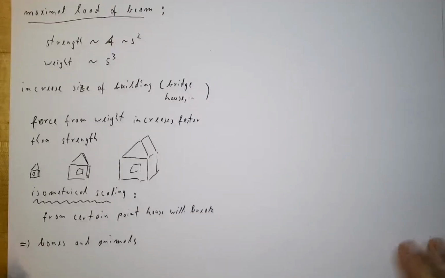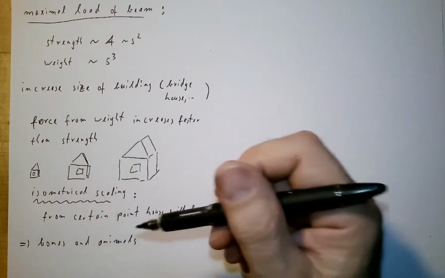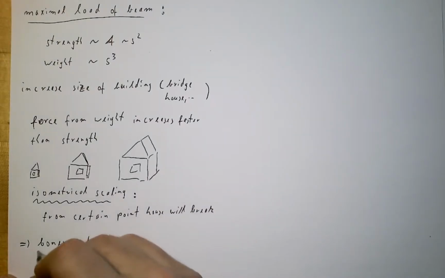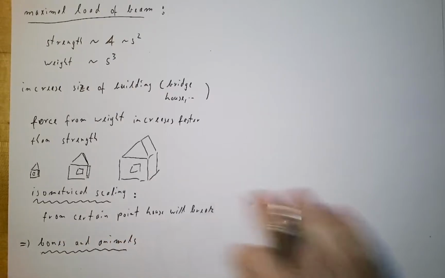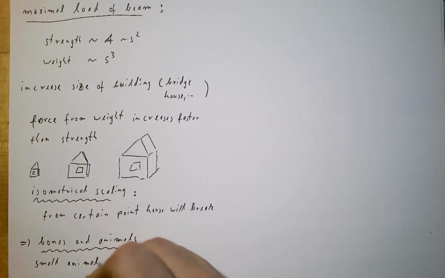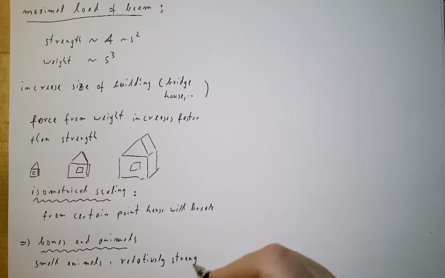Now if you take a small animal, then the small animal has an over proportionally strong size for its weight. The small animals are relatively strong in terms of their body size.